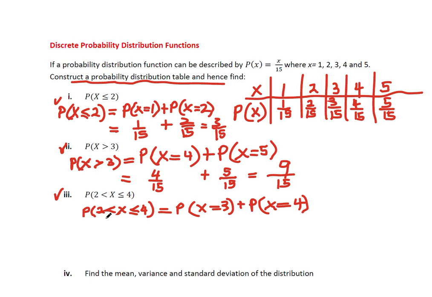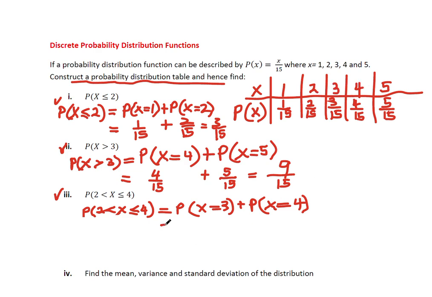The reason why 2 is not included in this interval is because we are not interested in the probability that x is greater than or equal to 2. We're simply interested in the probability that x is greater than 2 but less than or equal to 4. Because of the or equal to, 4 has to be included in the range. So the x values between 2 and 4, not including 2 but including 4, would be 3 and 4.